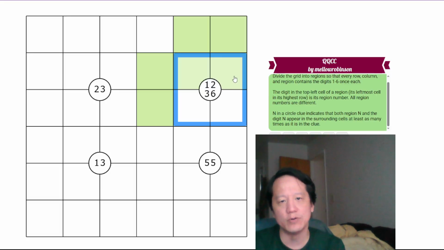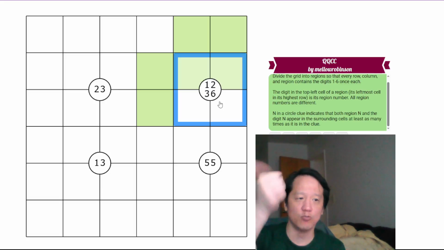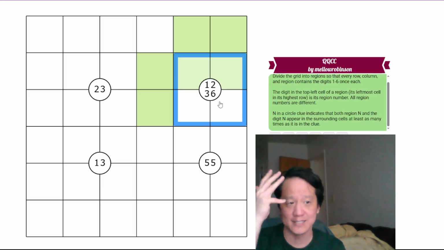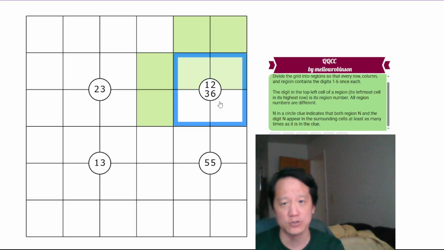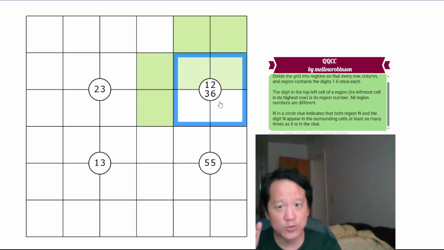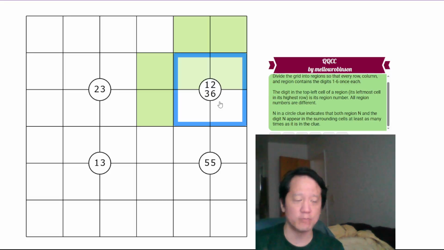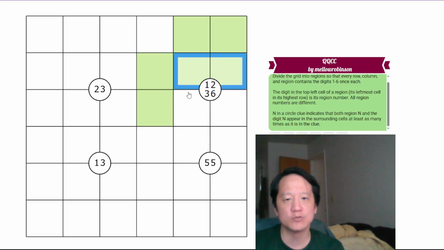So, for example, this must contain 1, 2, 3, and 6 as digits surrounding this quad circle, and the regions corresponding to the 1, 2, 3, and 6 also must appear in the surrounding cells. Interesting.